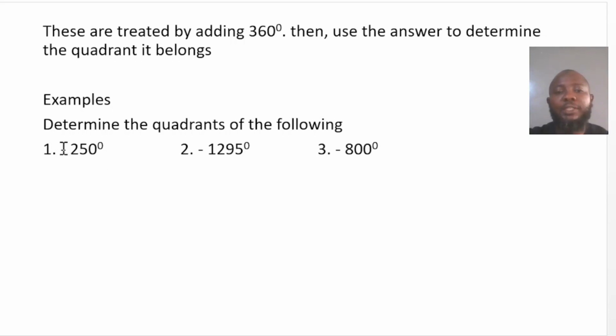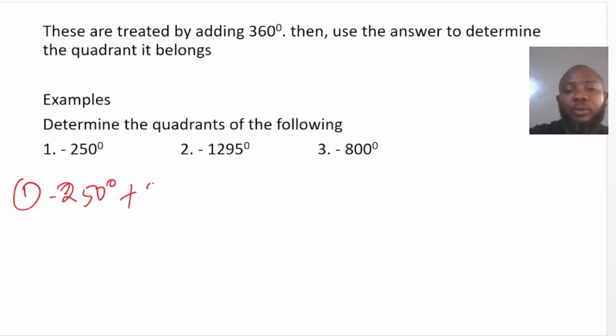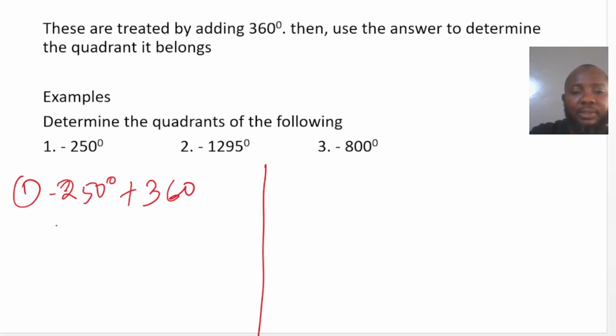So you can see this is a negative angle, right? Okay. So what we are going to do is this. We are going to add 360 because 250 degrees is less than 360 and it's negative. So for the first one, we just add: that is minus 250 degrees plus 360 degrees, which is the same thing as saying 360 degrees minus 250 degrees.